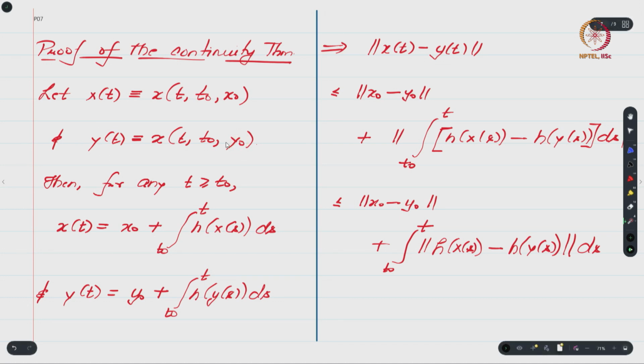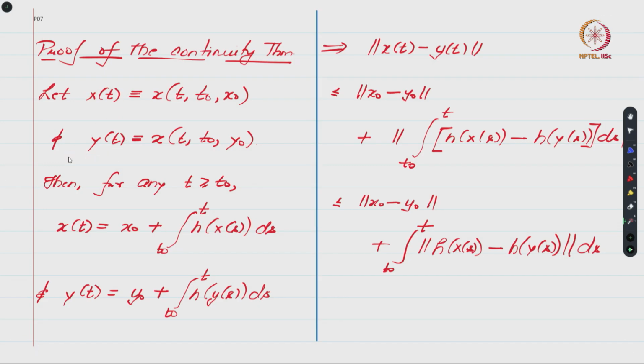When the initial condition is y naught, we will denote this solution trajectory by y of t, and when the initial condition is x naught, we will denote this solution trajectory by x of t. So now we are going to compare the distance between x of t and y of t.